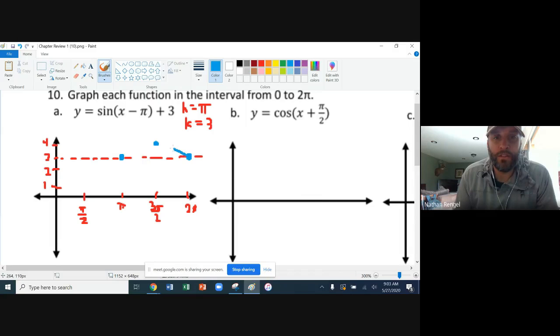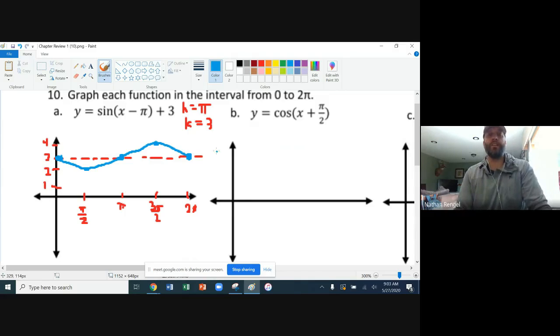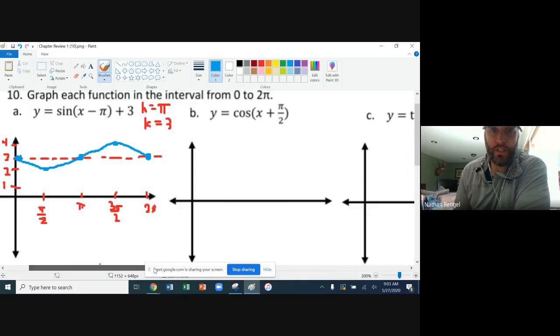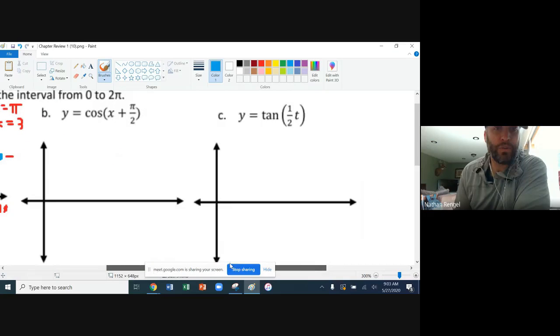Now if I follow this curve, then it's going to go down to its lowest point and then back to 0. So that sine of (x minus pi) is going to shift you to the right pi, and it shifts us up 3.